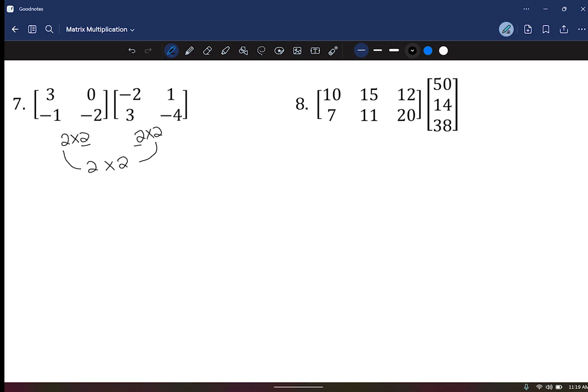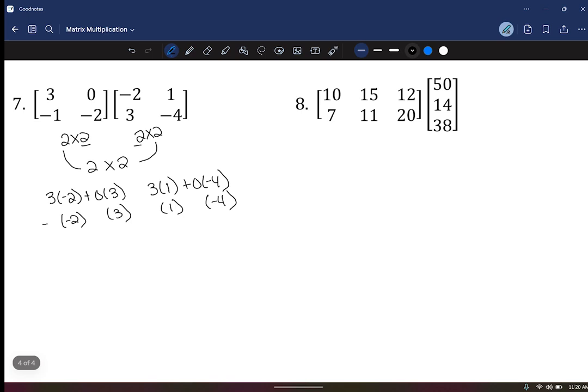So first row, first column, 3 times negative 2 plus 0 times 3. First row, second column, 3 times 1 plus 0 times negative 4. Again, remember, these numbers are going to stay the same because you're just going to be multiplying by those same columns.